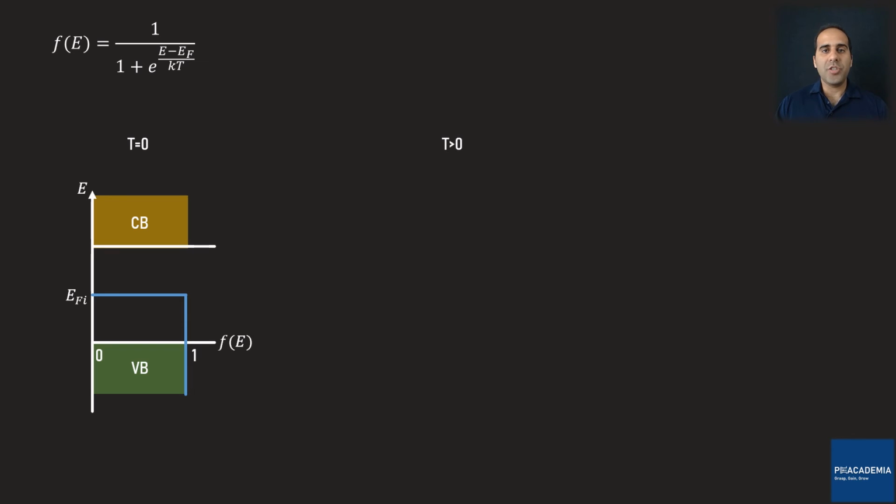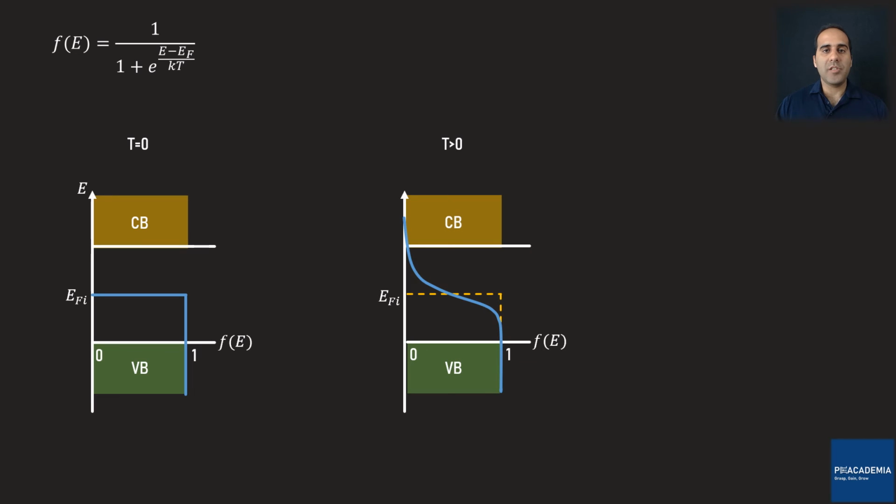At a higher temperature, the Fermi function diagram looks like this. At EF, which is the Fermi level, the Fermi function output is half. Above the level, the Fermi function output exponentially reduces and finally ends up at 0. Below the Fermi level, the Fermi function output increases exponentially and saturates at 1.